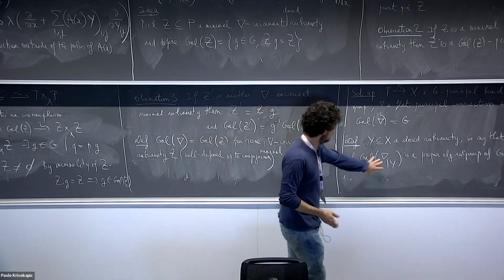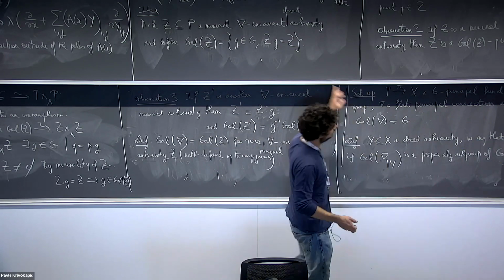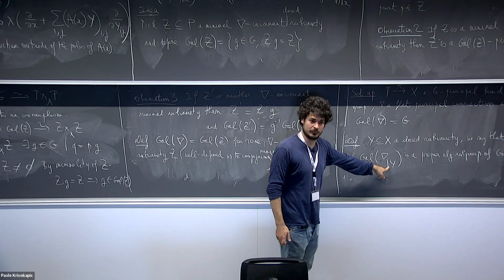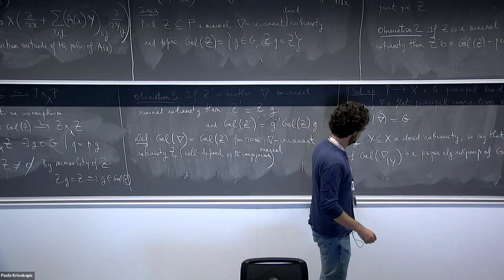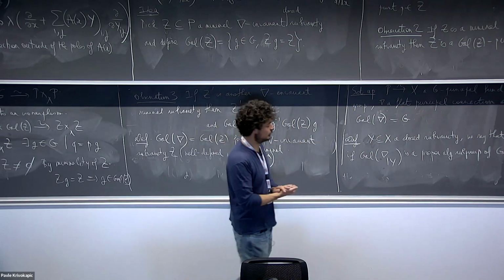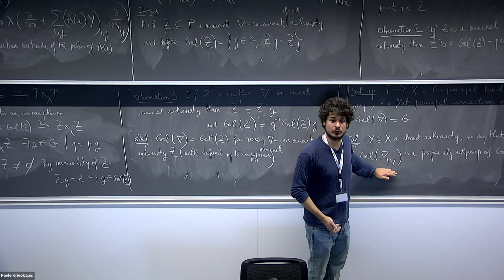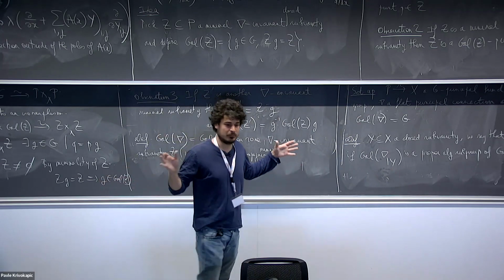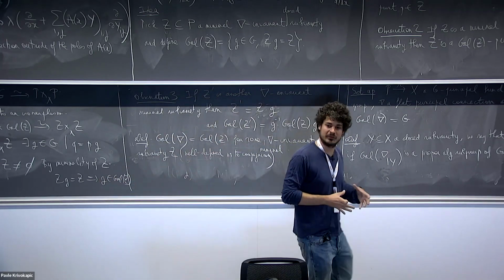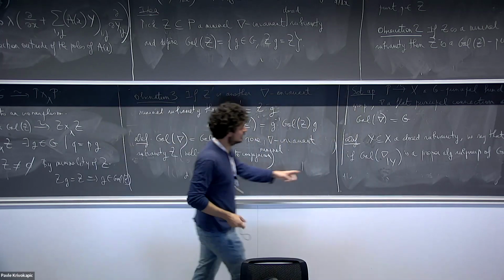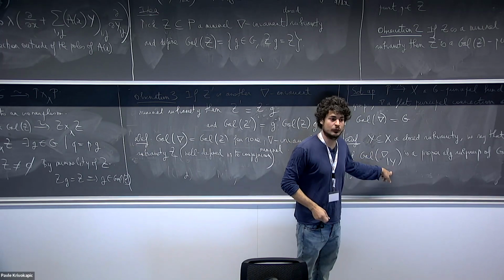But I have cheated a little bit because I've defined everything when X is smooth, and here Y doesn't have to be irreducible. So to be precise, you have to ask that for every irreducible component of Y, on the smooth locus of this component, the Galois group is a proper algebraic subgroup. The theory here is local on X. If you replace X by a Zariski open set, you don't change the Galois group of the connection. So you just take that the restriction of delta to the smooth locus of Y has this property.